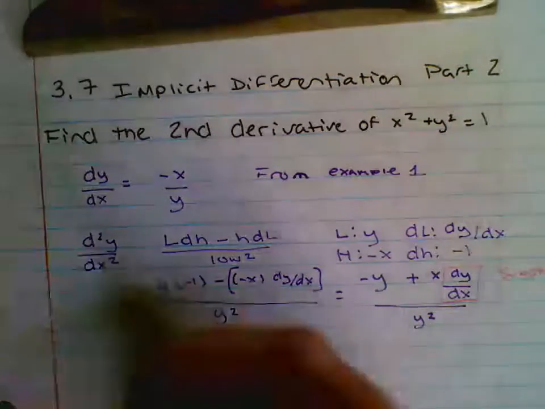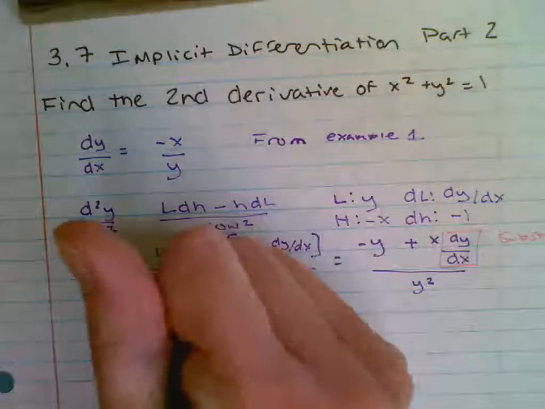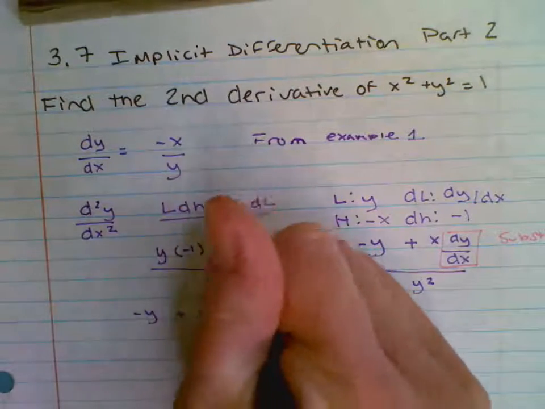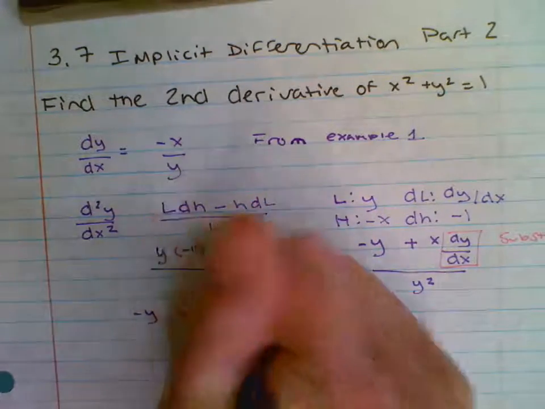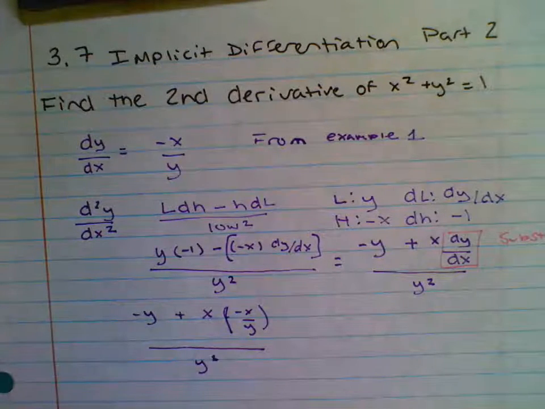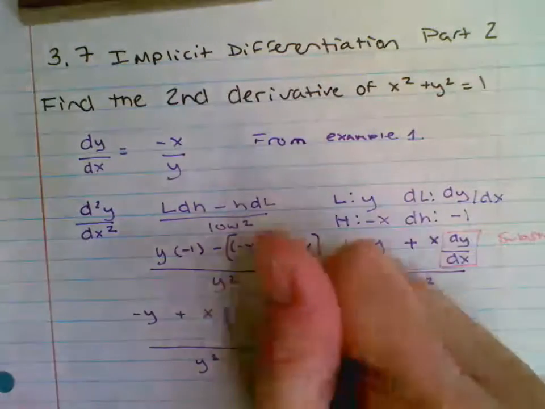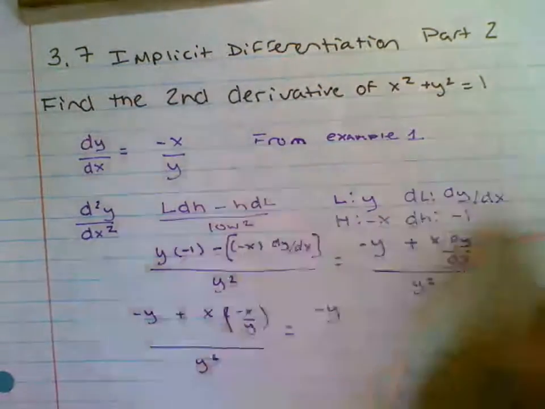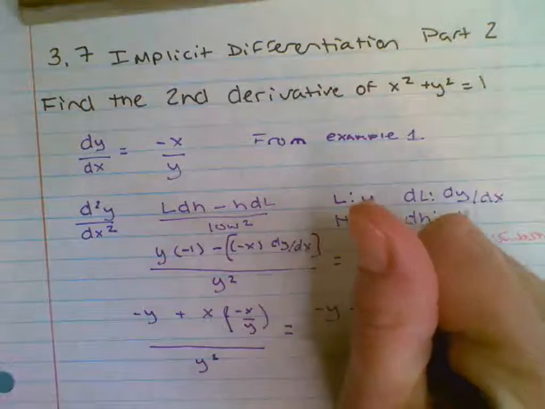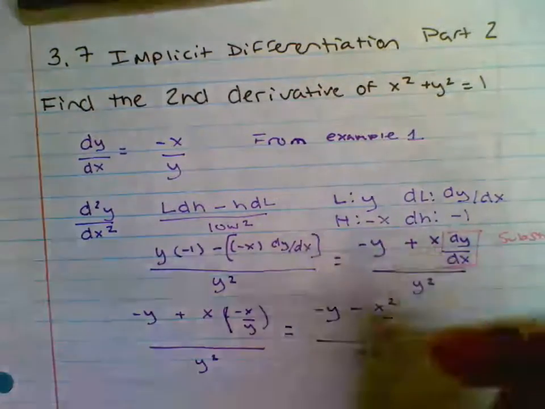So we're going to get negative y plus x times negative x divided by y, all divided by y squared. Okay, so let's see, what do I have now? I've got negative y minus x squared over y, all divided by y squared.